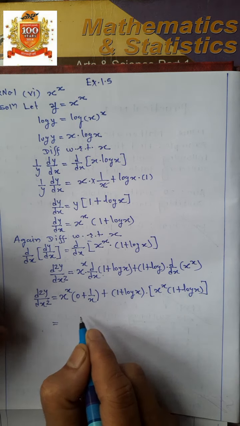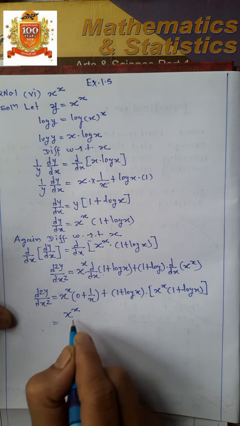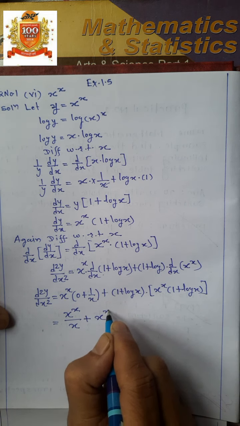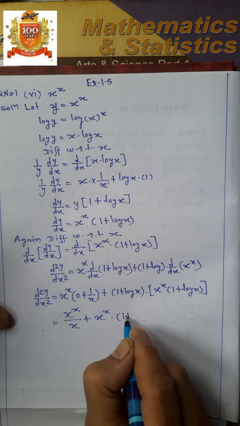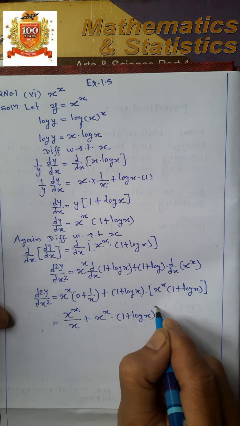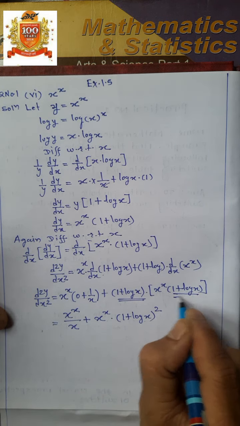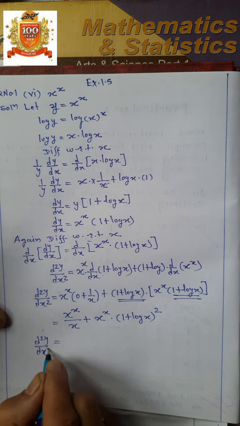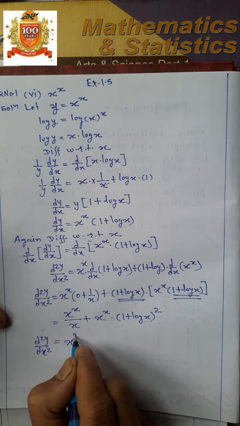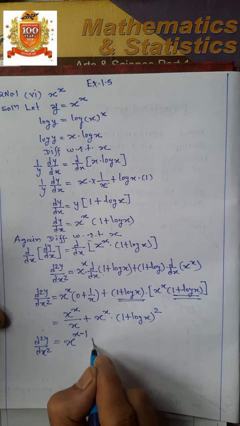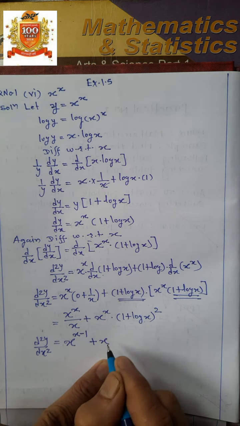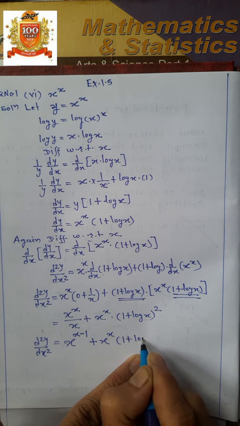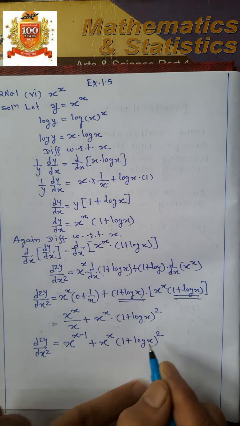Therefore, here x raised to power x upon x plus x raised to power x into 1 plus log of x whole square, which can be written as d2y by dx square is equal to x raised to power x minus 1 plus x raised to power x in bracket 1 plus log of x whole square.